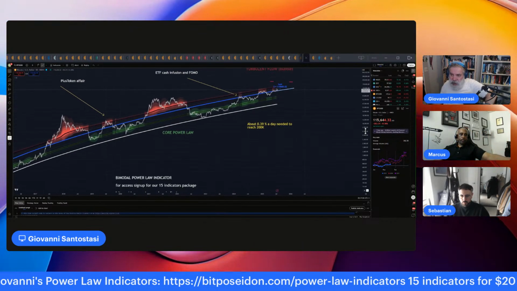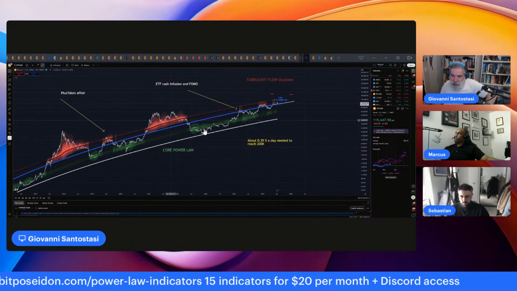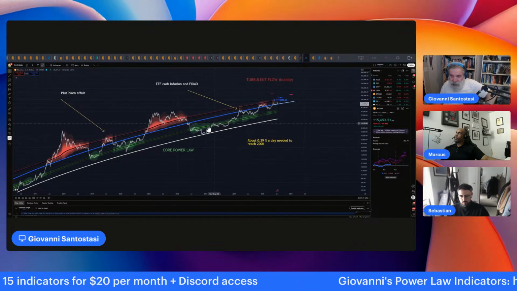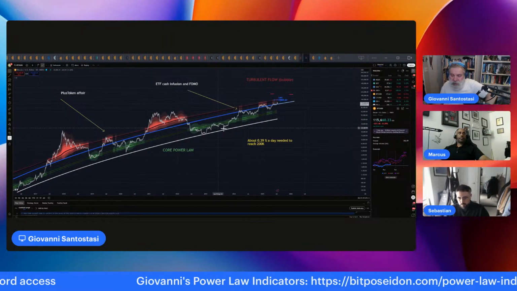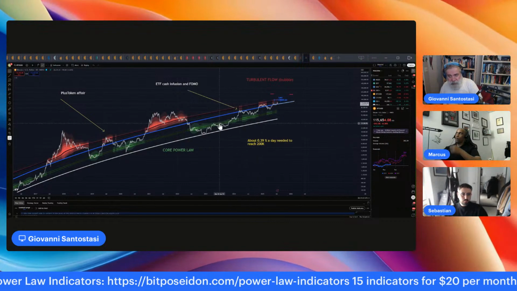The other thing that this chart shows is that the behavior Bitcoin follows when we are above the power law is very different from the behavior below. Mostly when we are below, and we spend close to 2 years in this green region, the deviations are relatively small.